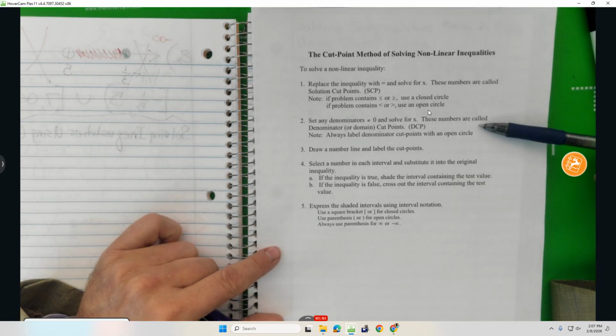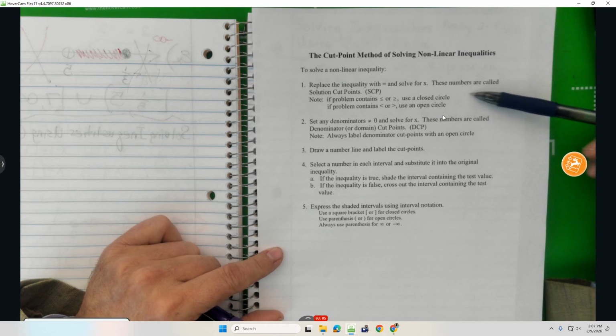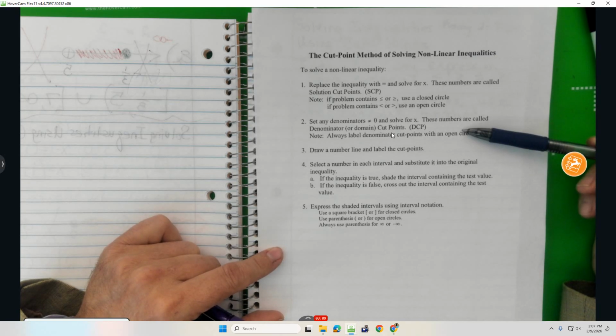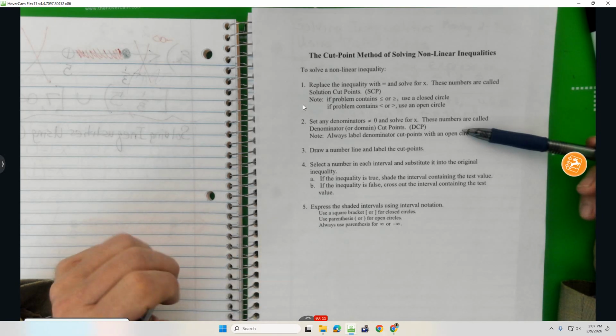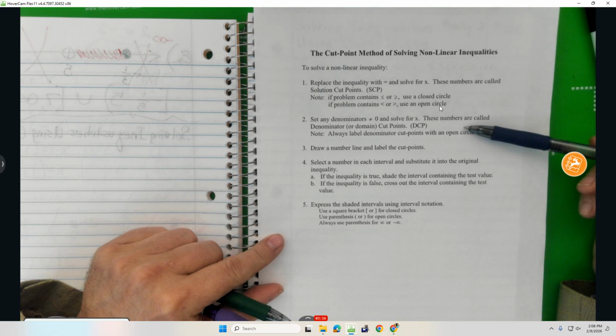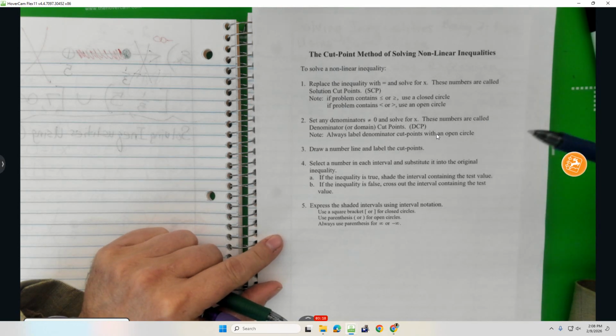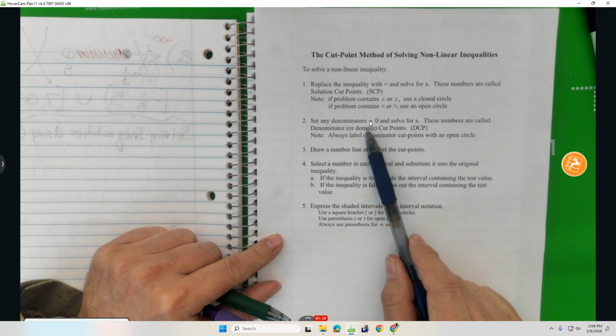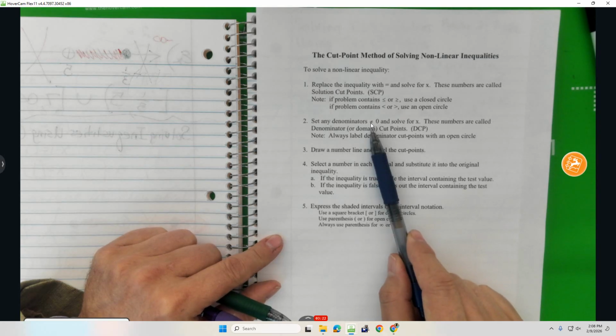The first step, you're asking yourself, where is the inequality equal? The second step, you're asking yourself, where is the inequality not even a number? Where is it undefined? Well, we know a fraction's undefined when the denominator is equal to 0.